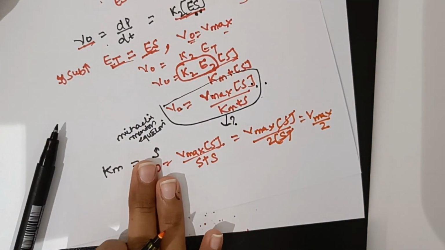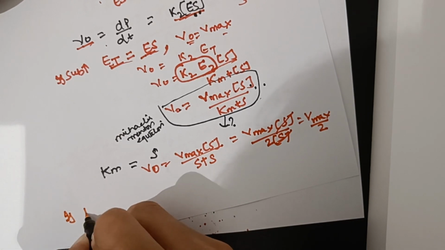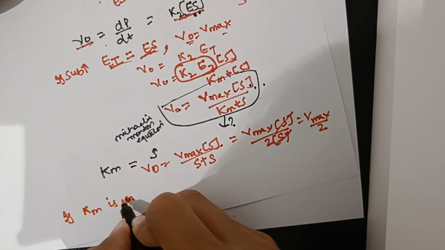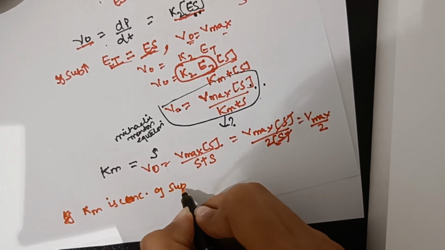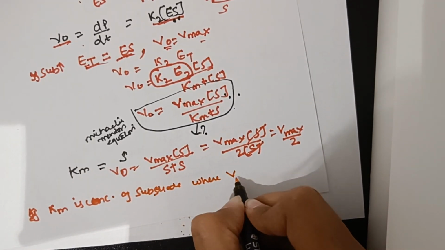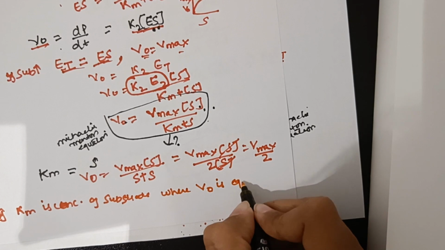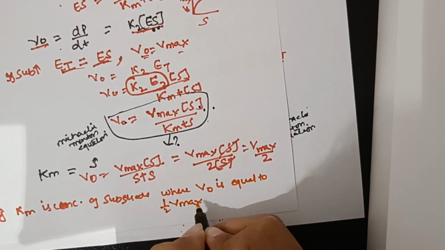Okay, so what we are saying is, Km is the concentration of substrate where V naught is equal to half of Vmax.